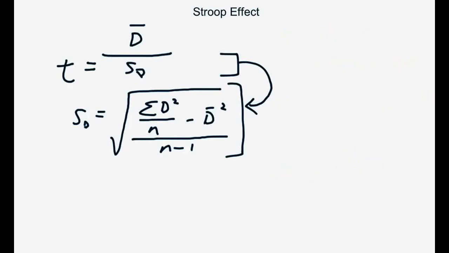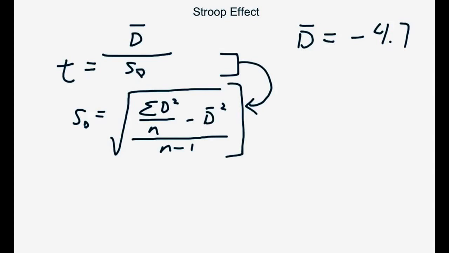In the example on the lecture slides, we ended up with a mean difference of negative 4.7. In other words, on average, there was a 4.7 second decrease. Well, I guess you could call it an increase. It took 4.7 seconds more time to read the color of ink than it did to read the words.